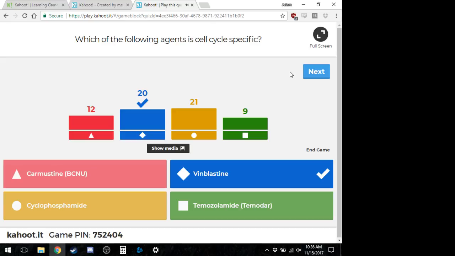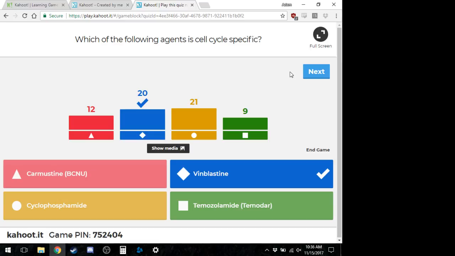So again, know which drugs go into which categories based on their mechanism. Carmustine, cyclophosphamide, and temozolomide all fall into the same category. They fall into the alkylators, right? How do they work? They alkylate, yes, that is true.